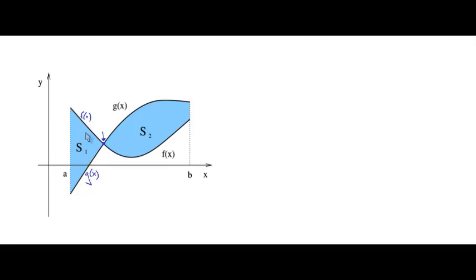So we want the integral between a and the point of intersection of f minus g, and between this point and b of g minus f. We can write this in a general way: the area of this form S is the integral between a and b of the absolute value of g minus f, or f minus g, it doesn't matter. This is the formula that we're going to use.